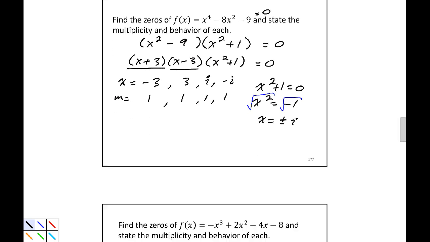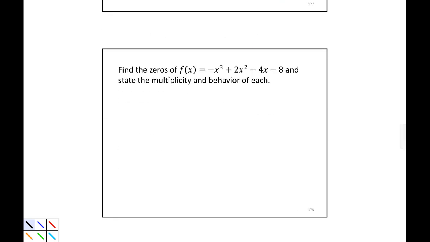All right, for our next example, find the zeros of f of x equals negative x cubed plus 2x squared plus 4x minus 8. As we've done on every one of these, I'm going to set this equal to 0. So negative x cubed plus 2x squared plus 4x minus 8 equals 0.